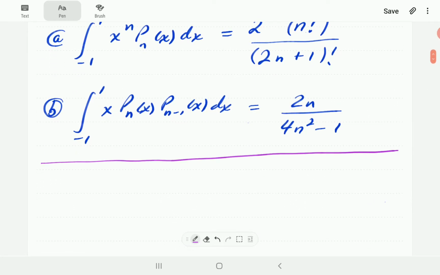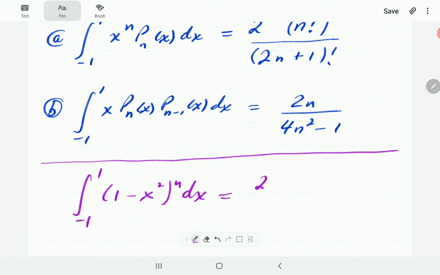Something that is going to be of use and occur frequently in this type of calculations is this integral here of 1 minus x squared to the power n dx.